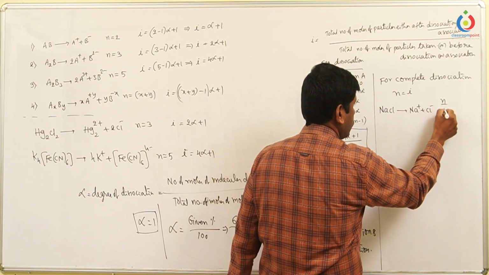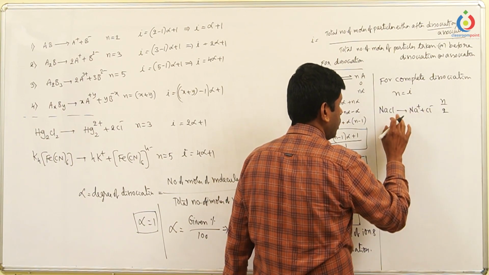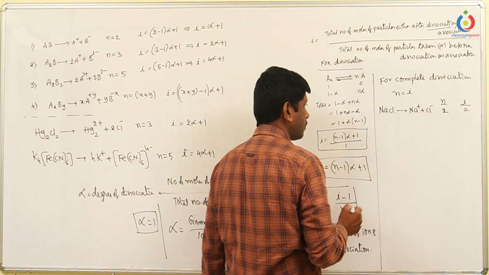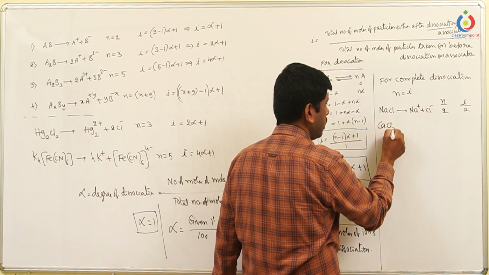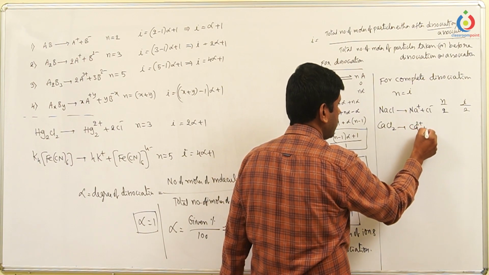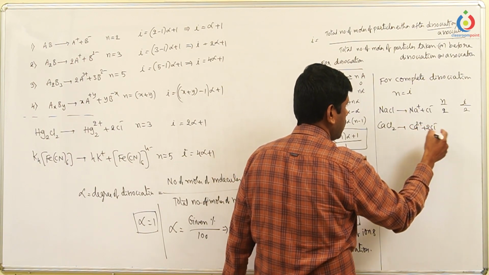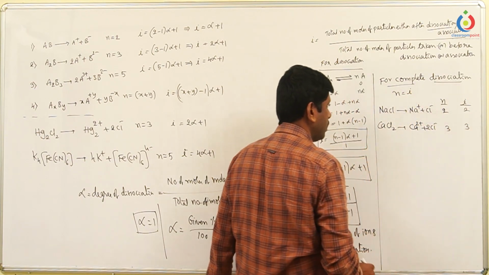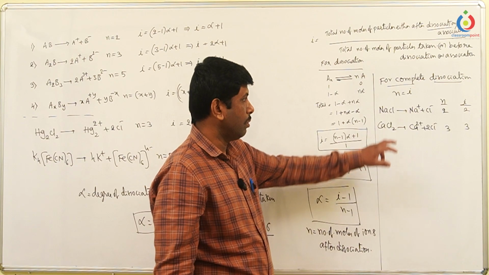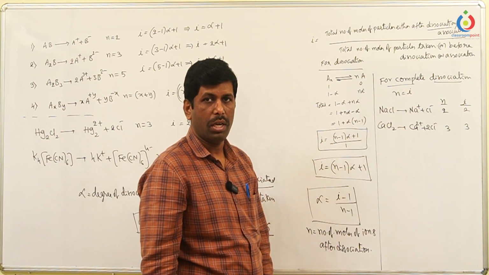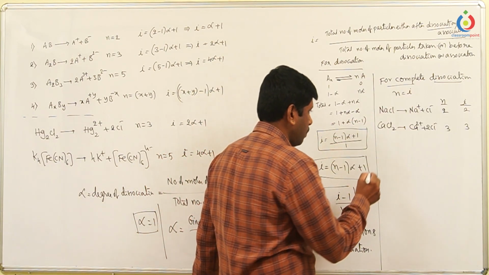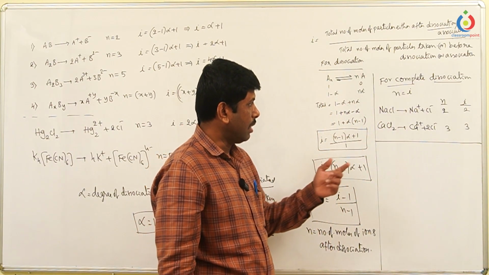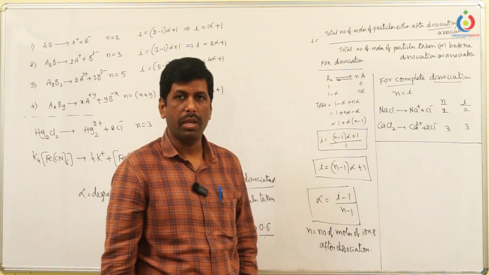Its n value equals 2 because 2 ions are produced. If it is completely dissociated, then its i value is also 2. Similarly, CaCl2 dissociates into Ca2 plus and 2 Cl minus ions. 3 ions are produced, and if it undergoes complete dissociation, then the i value is also 3. So for complete dissociation, the number of ions equals the van't Hoff factor i. We may imagine that NaCl and CaCl2, all these are strong electrolytes.